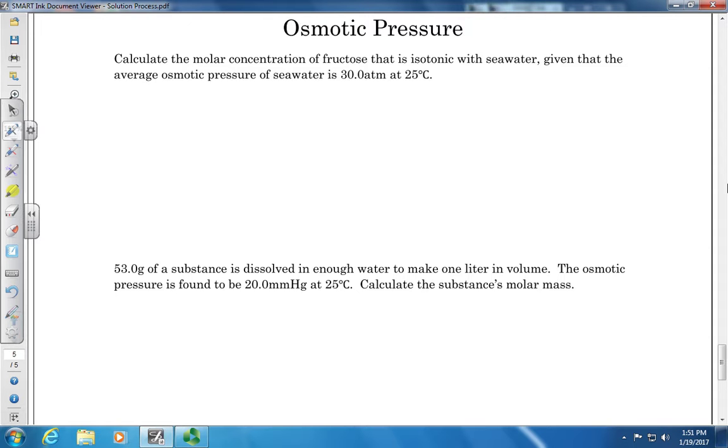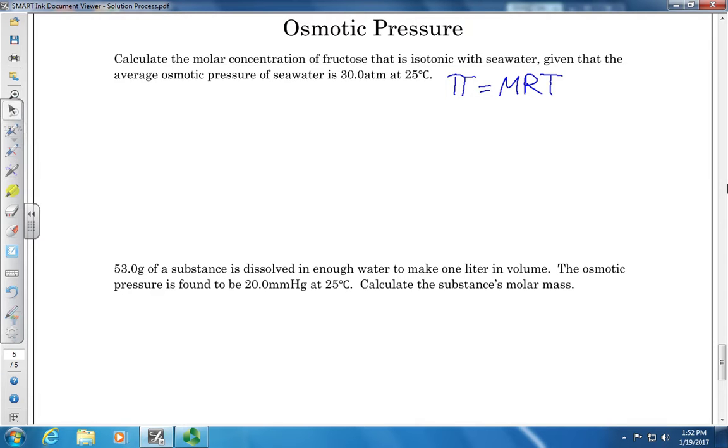You only have so many equations with osmotic pressure. There's actually only one equation with osmotic pressure, but there is a variant on it. So we're going to deal with just the one. And it's this one equation: osmotic pressure, which is symbol pi, is equal to molarity times a gas constant times temperature.